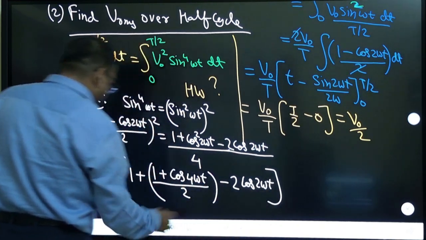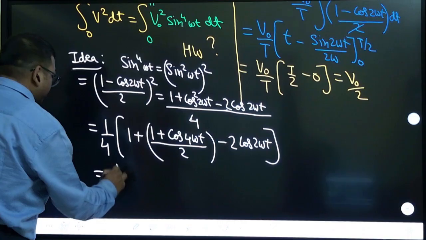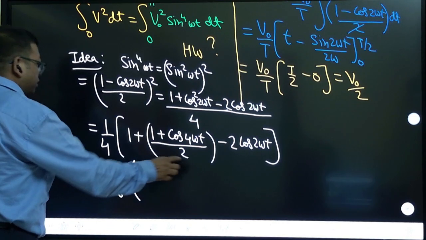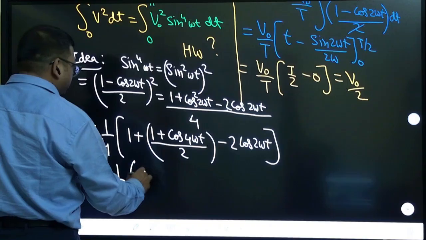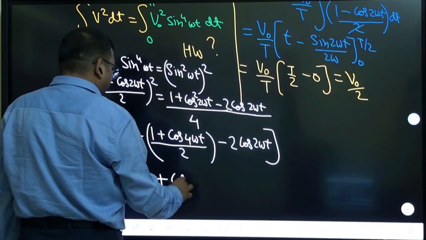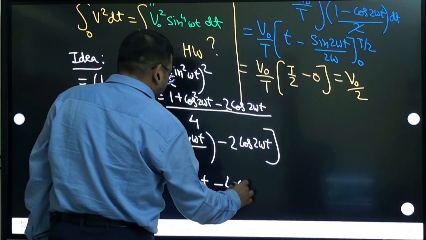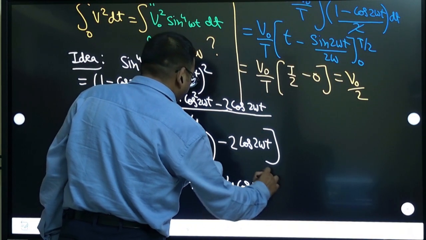Now if you take LCM everywhere, you will get 1 by 8, then 2 plus 1, 3, plus cos 4 omega t minus 4 cos 2 omega t. This is what will come.